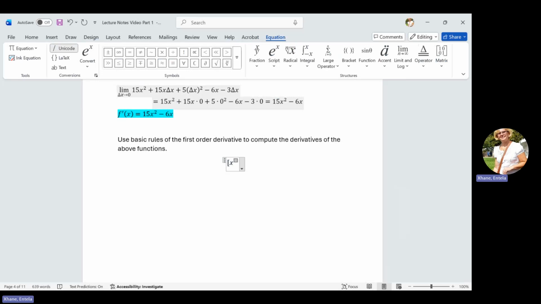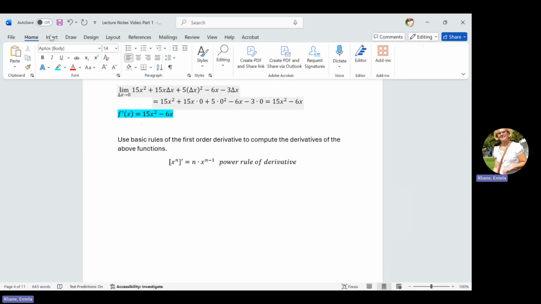If you have x raised to the power n prime, we always use square brackets for the derivative, then this is known as the power rule. That's going to be n times x to the power n minus 1. So if you have x raised to a power, that's the rule that you need to apply. This is known as the power rule of derivative.